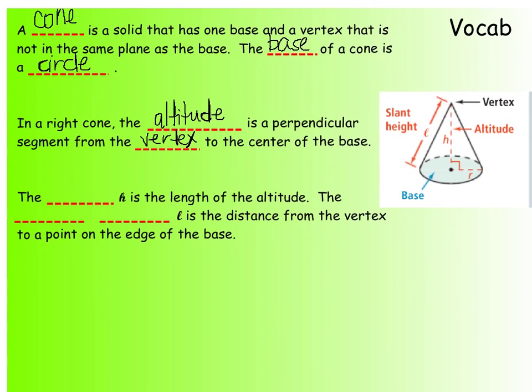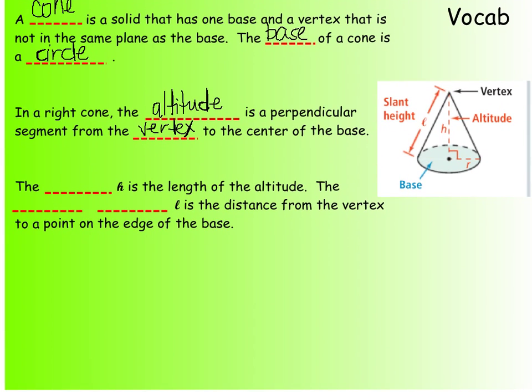The H represents the altitude because it's the height, and the height is the distance of the altitude, or the measurement of the altitude. So next, the height, H, is the length of the altitude.